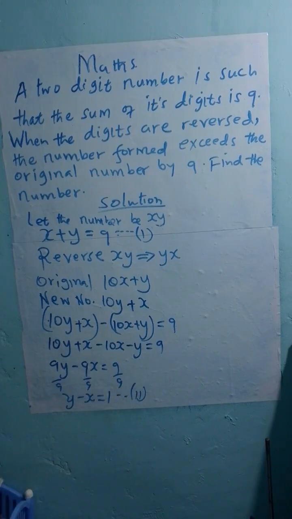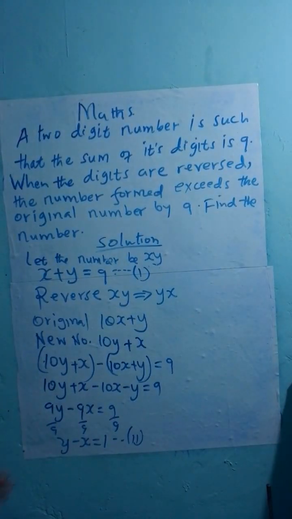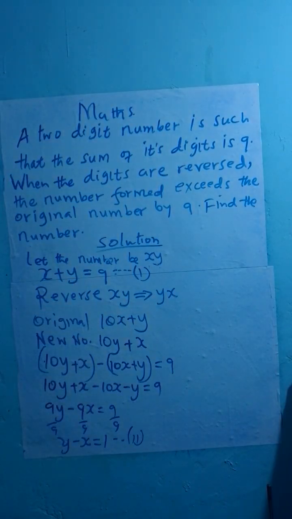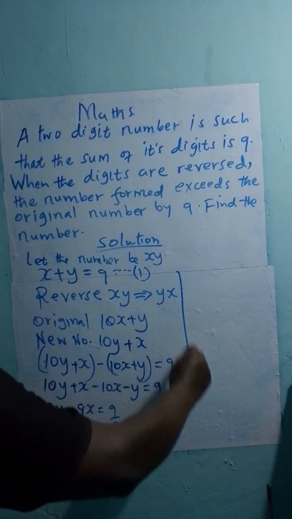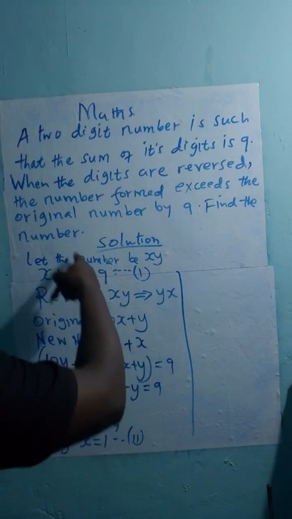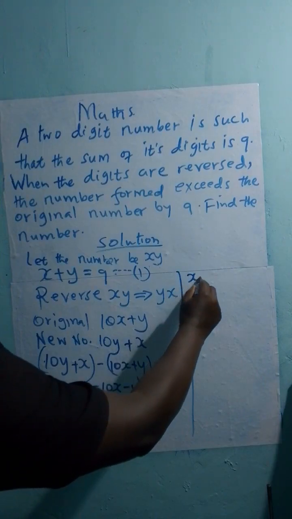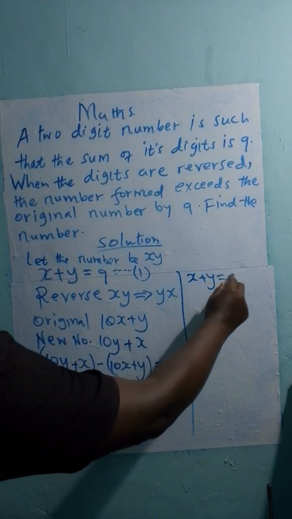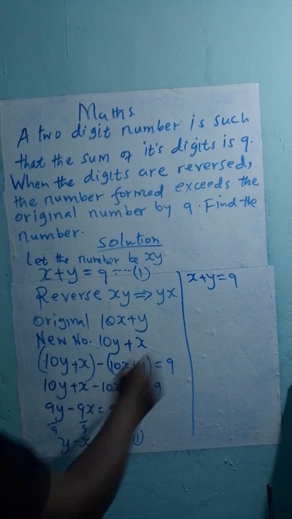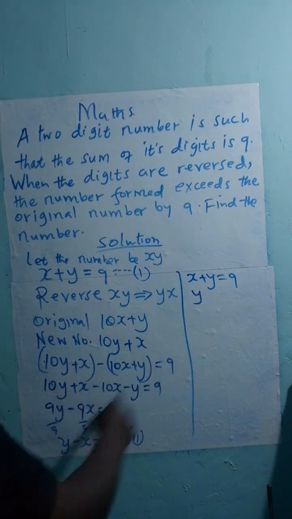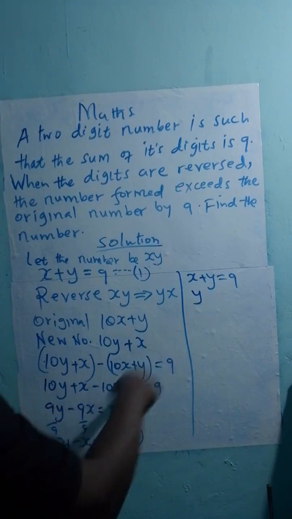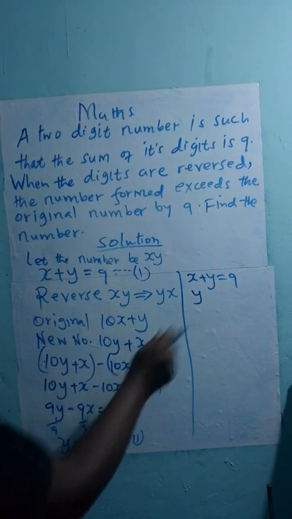Now we are going to solve this and this equation either using elimination method or substitution to find the value of x and y. Now our first equation was x plus y equal to 9, and our second one is y minus x, so if I write this one, it will be negative x plus y.